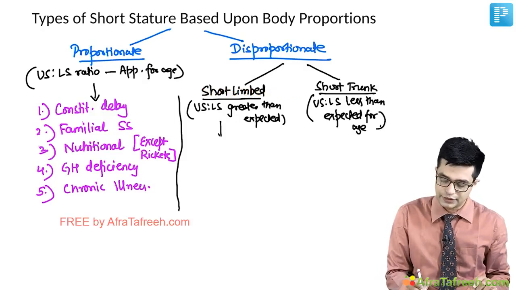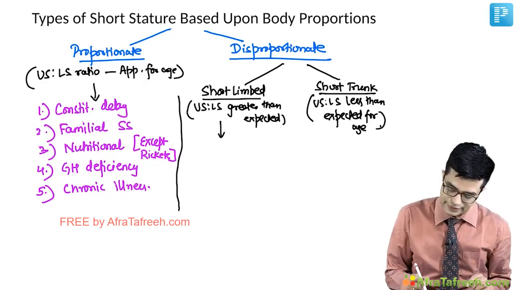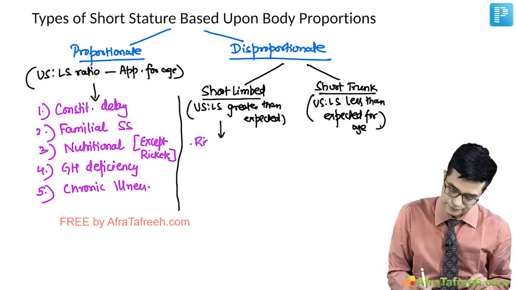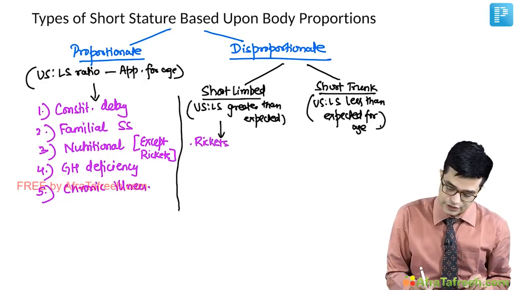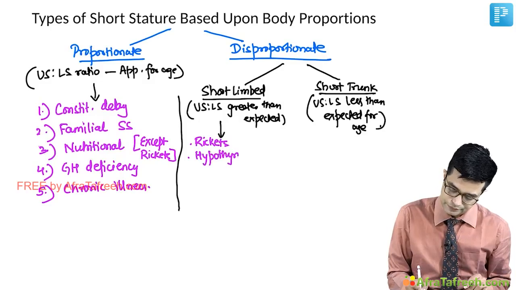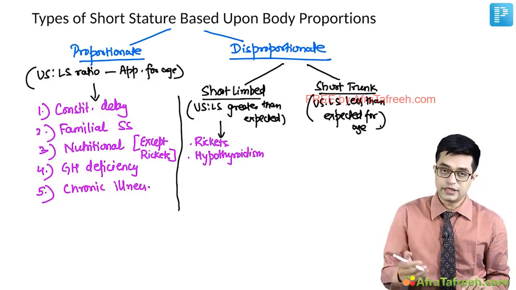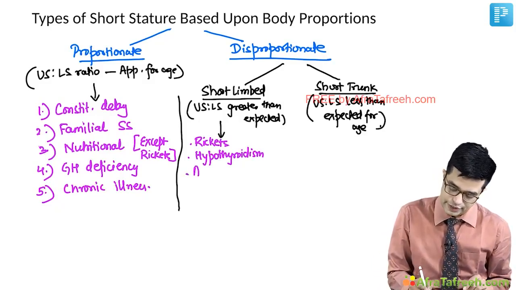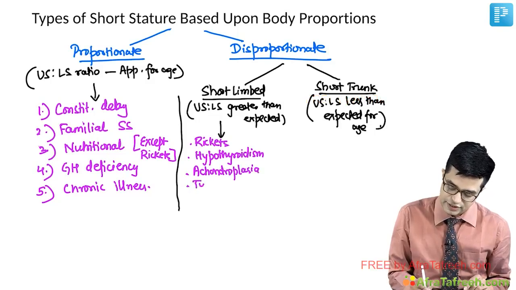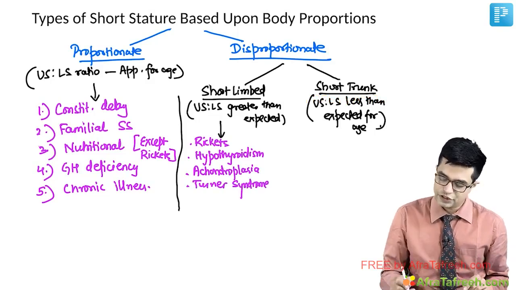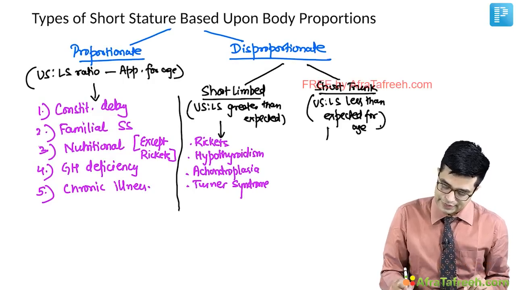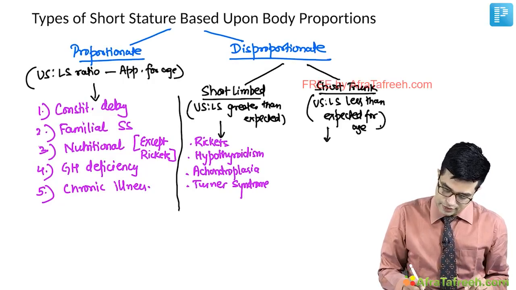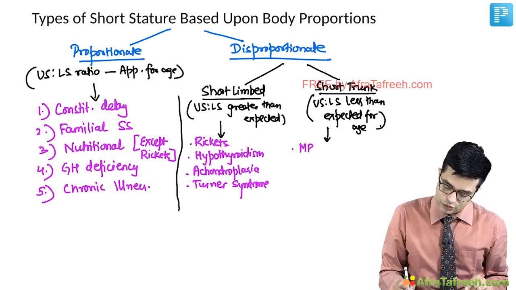What are the important causes here? Short limbed short stature is commonly seen in patients with rickets. It is also seen in untreated congenital hypothyroidism. It can occur in achondroplasia and in Turner syndrome. Whereas short trunk short stature can be seen in mucopolysaccharidosis.